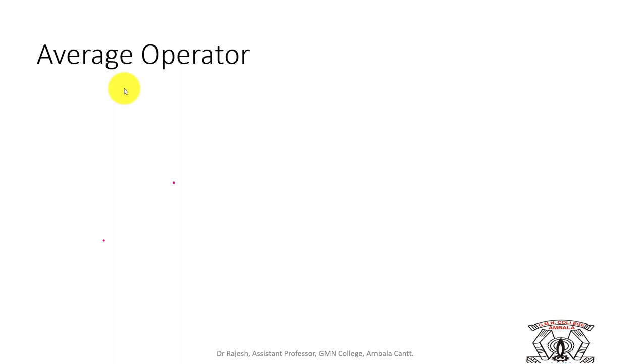That is the definition of average. So we will see whether this definition of average is being utilized in the average operator definition. It is denoted by mu.